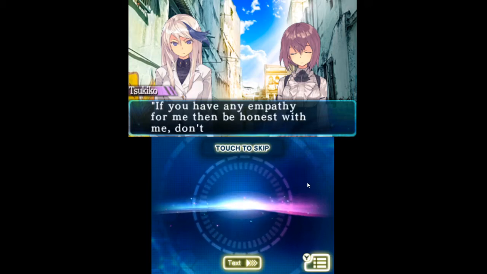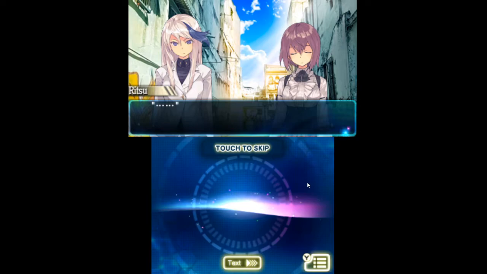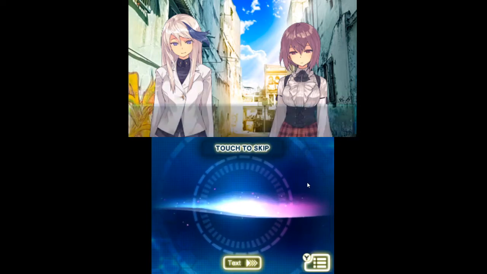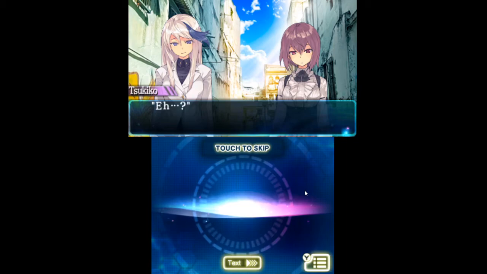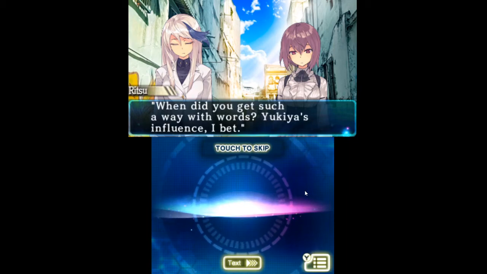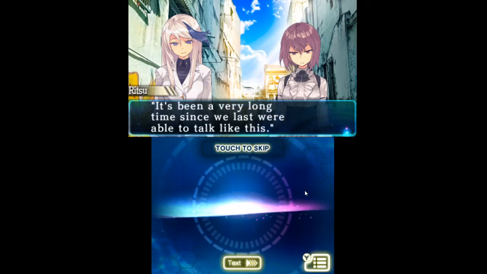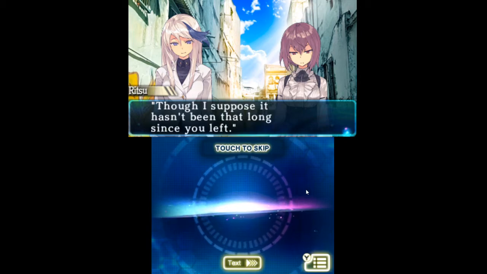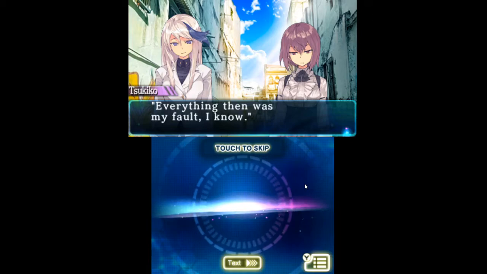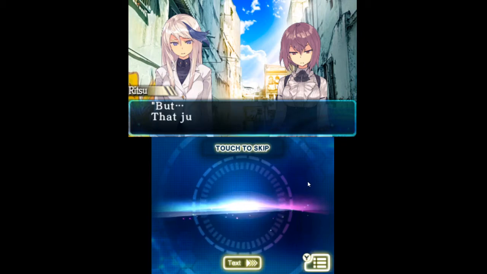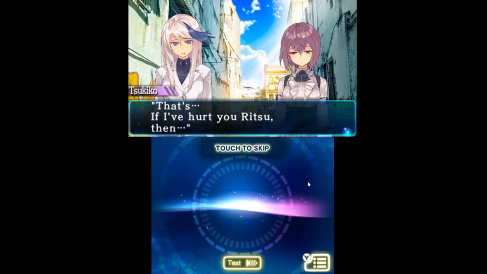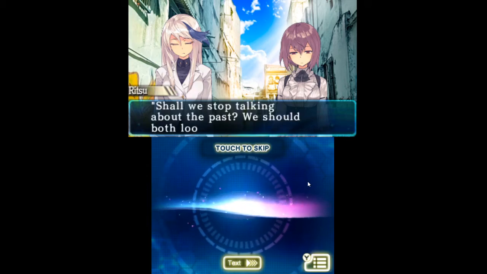If you have any empathy for me, then be honest with me. Don't try and hide. Please, just give me an answer. Hey, 李子。Tsukiko, When did you get such a way with words? Yukiya's influence, I bet. 李子。It's been a very long time since we last were able to talk like this. Though I suppose it hasn't been that long since you left. Everything then was my fault, I know. It was all for my sake, that much I can understand, but that just made it all the more painful. If I've hurt you, Lisa, then shall we stop talking about the past?